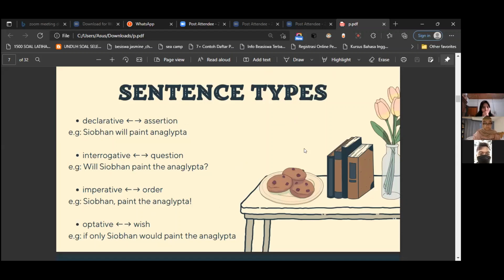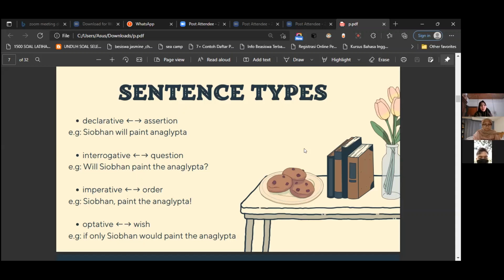And the interrogative, as you can see on your screen, is usually a question sentence. For example, will Siobhan paint the Anaglifta? And imperative is an order sentence. Siobhan, paint the Anaglifta. And the last type is optative. It is about wishes. For example, if only Siobhan would paint the Anaglifta.